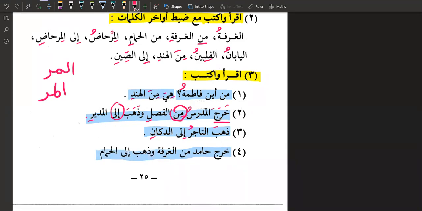جيد. If you notice, none of these have any tashkeel on them, fatha, kasra, damma, because now you should know. So it's خرج حامد. It's a man's name, so it has two dhammas. خرج حامد من الغرفة وذهب إلى الحمام.